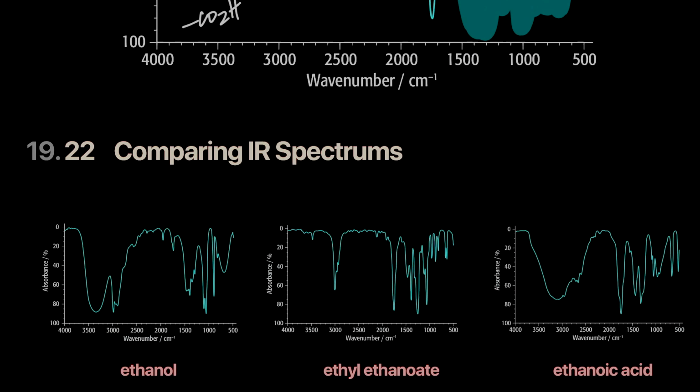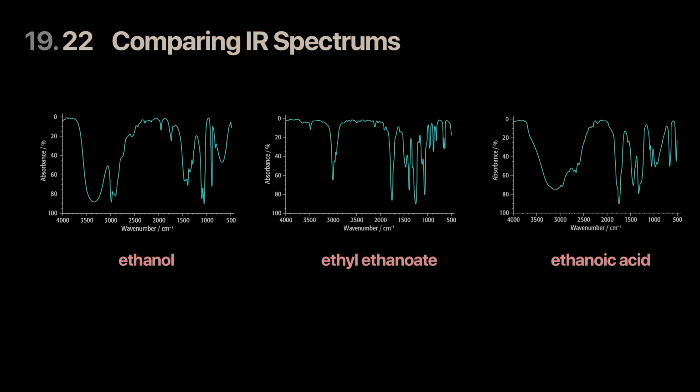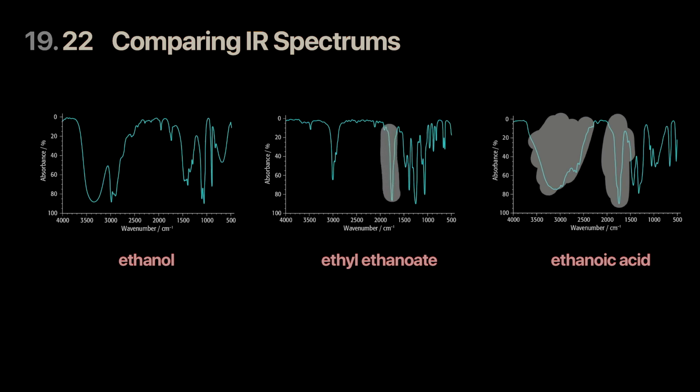And just being able to compare three graphs would help you understand this. All three are compounds, and this one on the right was ethanoic acid because it has a CO group and an OH from an acid group. Ethyl ethanoate has a C double bond O group, which is literally missing in ethanol.